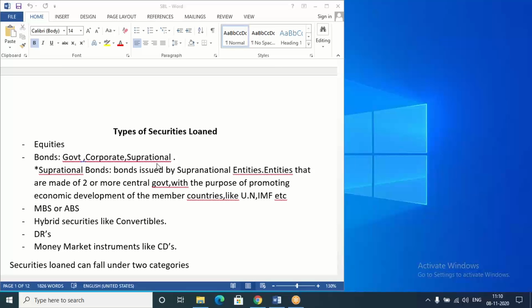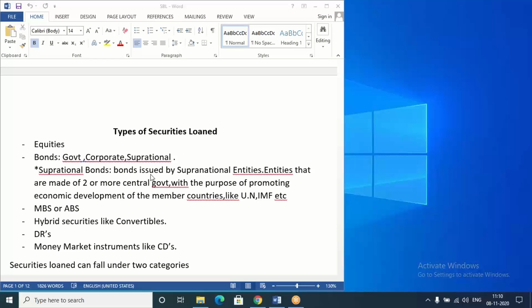Yes, European Union, Asian Development Bank. So these are supranational entities, and if they issue bonds, they're called supranational bonds.